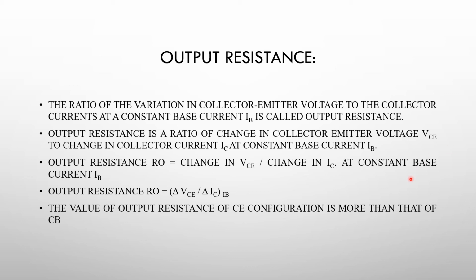So this can be written as output resistance RO is equal to change in VCE upon change in IC at constant IB. And it was observed that the value of the output resistance of the CE configuration is more than that of CB.